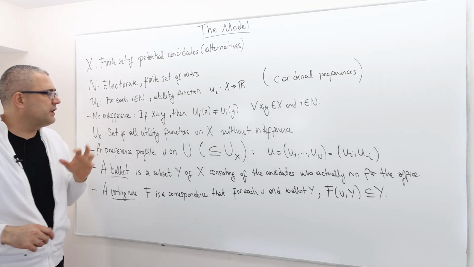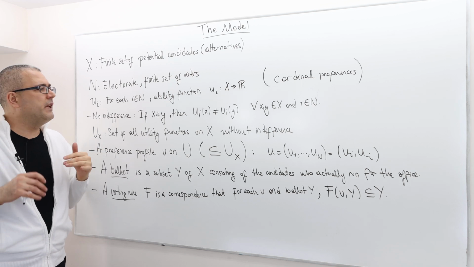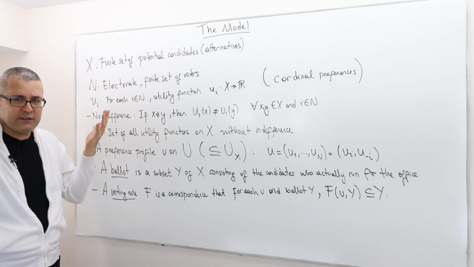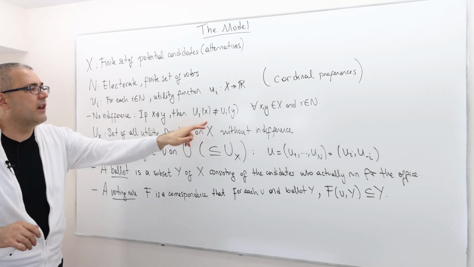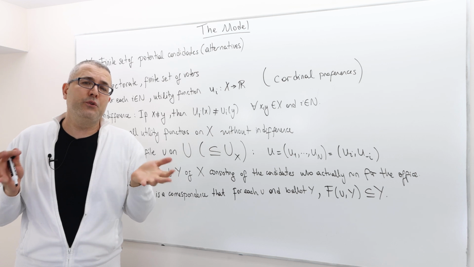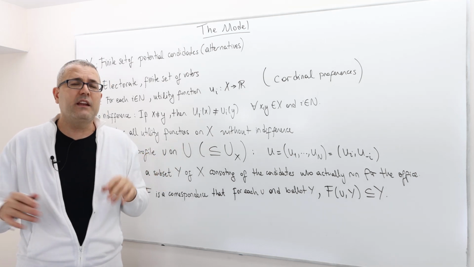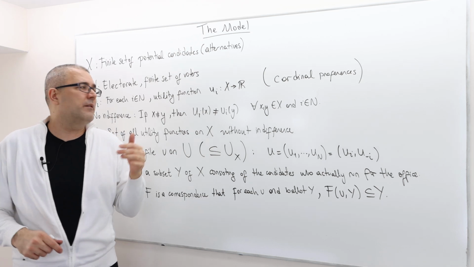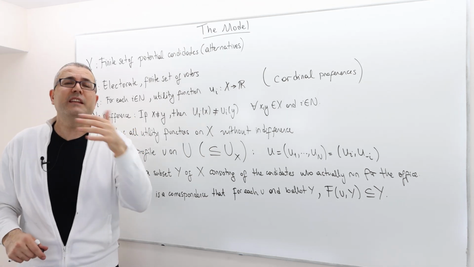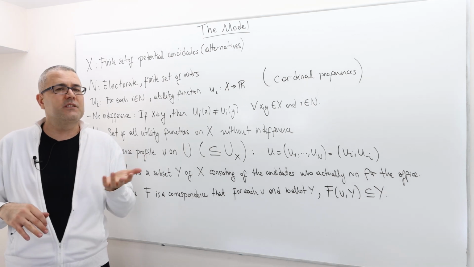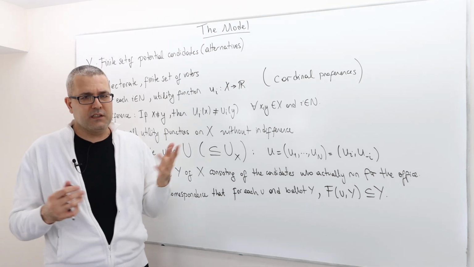Our assumption is that there is no indifference, meaning if two candidates x and y are different, then each agent will attach a different utility level to them. This assumption is for technical reasons. It makes our life much easier, but doesn't really kill the results.